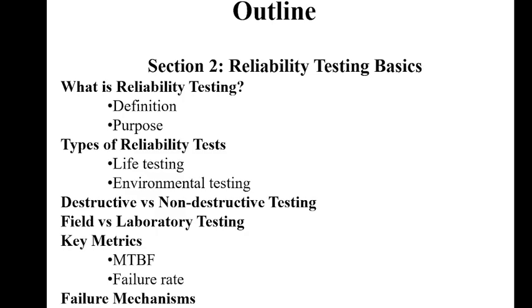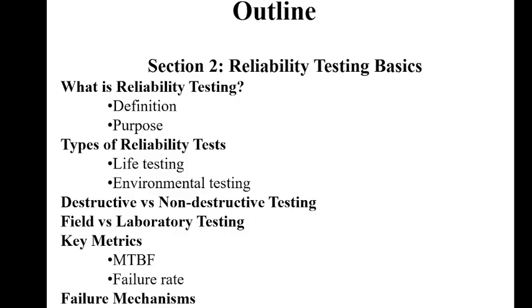Next, I explored different types of reliability tests, including life testing and environmental testing, as well as the distinction between destructive and non-destructive testing methods. We also compare field testing with laboratory testing to better understand their respective advantages and limitations.